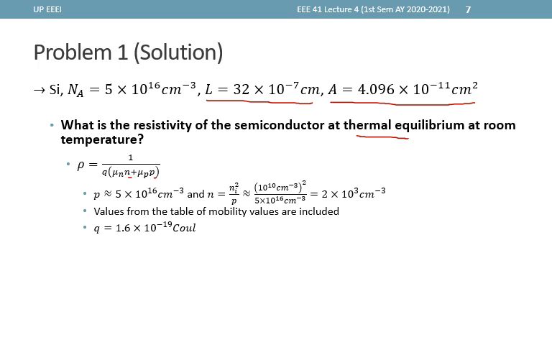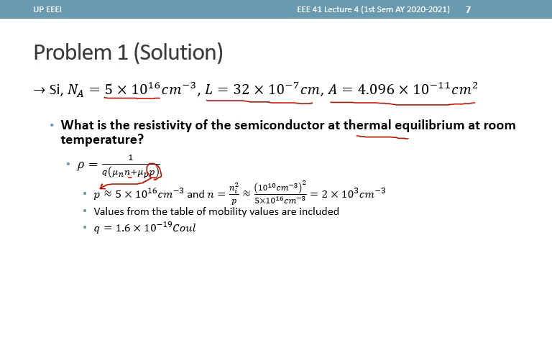Now, some of the components. So p first. p is approximately equal to Na, which is 5 times 10 to the 16. Now note that Na, which is 5 times 10 raised to the 16, is much greater than 10 to the 10.